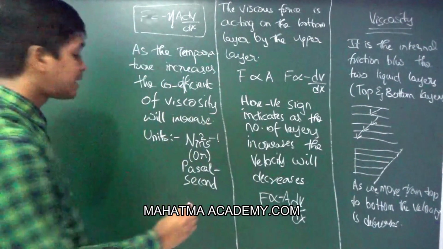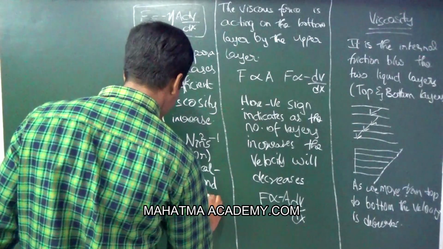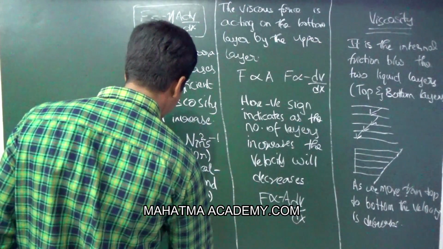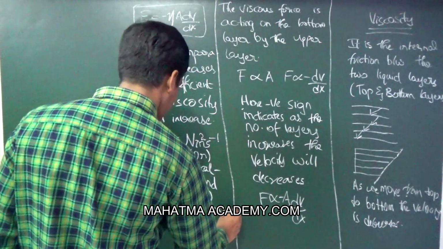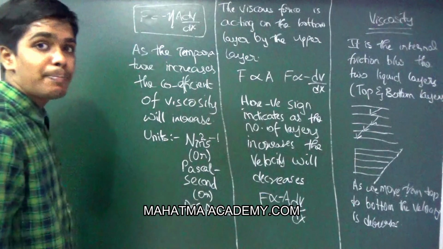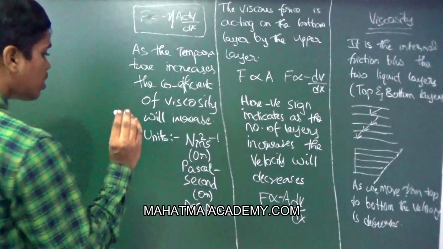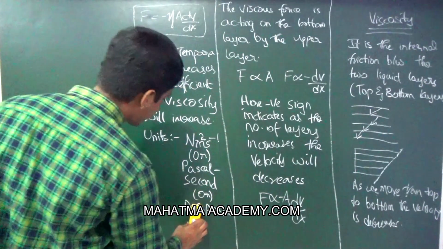Or decapoise. Deca, that means 10. And the main unit is poise.